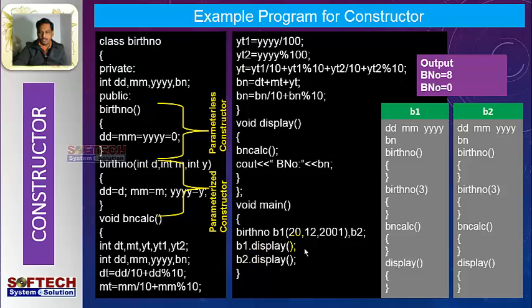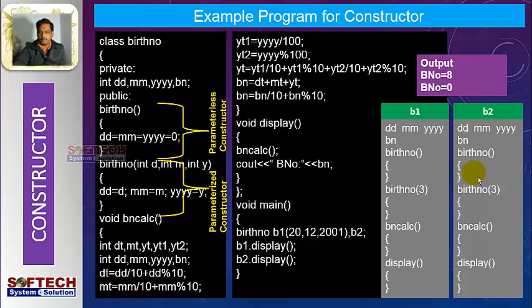Then b2 is also an object, but b2 does not have any arguments, so it automatically calls the zero argument constructor, that is the parameterless constructor function of b2. What is the definition of the zero argument constructor function?